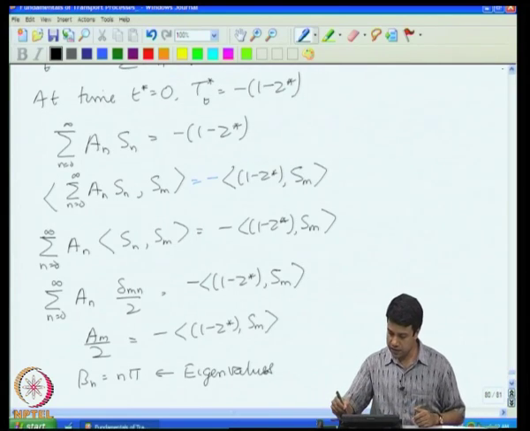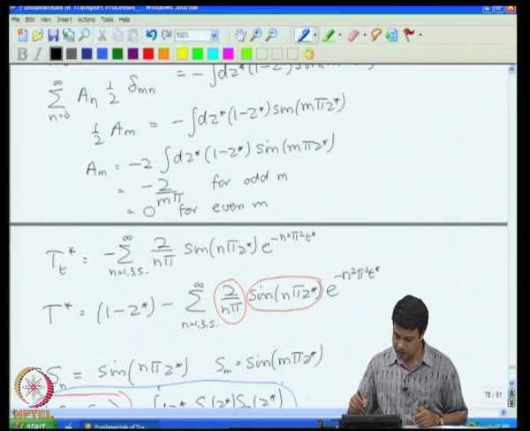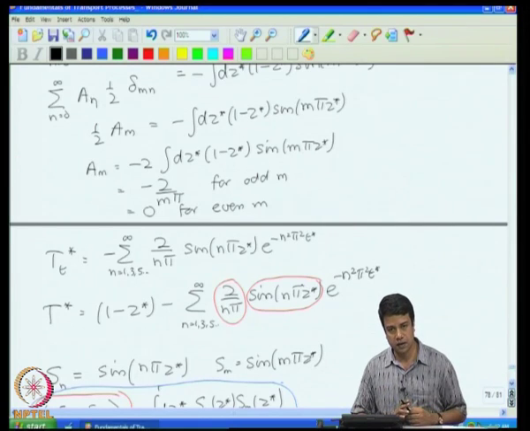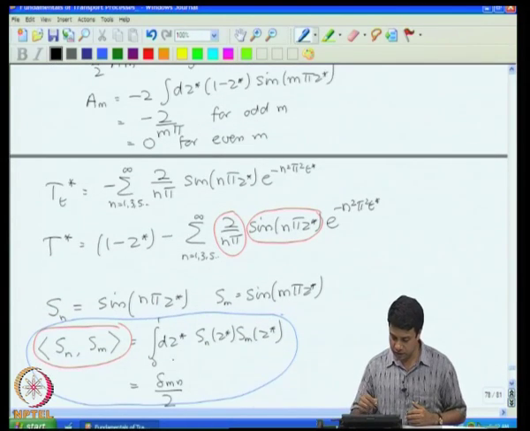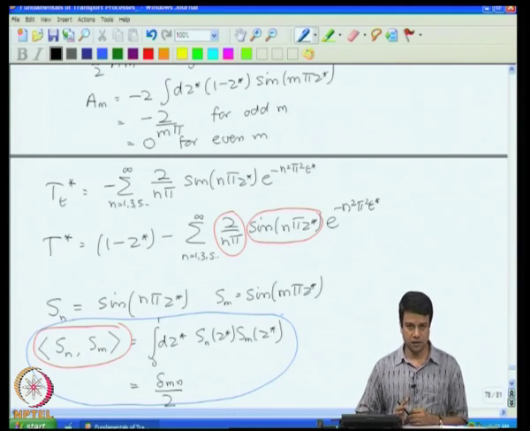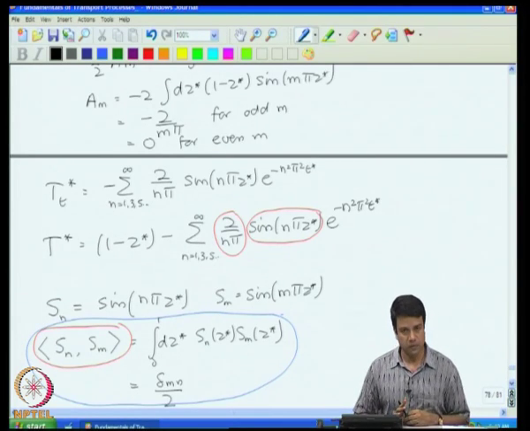And this Sn, which was sin n pi z by L, these are called the eigenvectors or the basis functions for this problem, and we have defined the inner product in such a way that these basis functions are all orthogonal to each other. And in that way, we have managed to determine the entire solution to the equation.